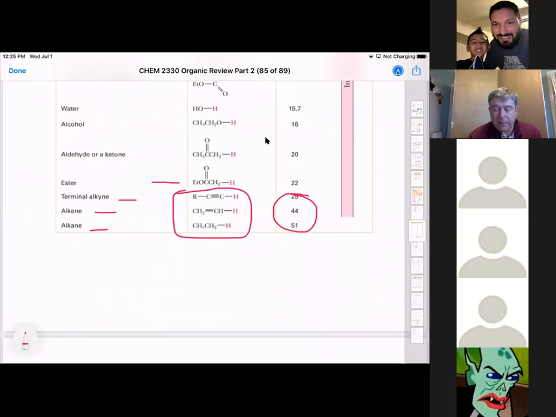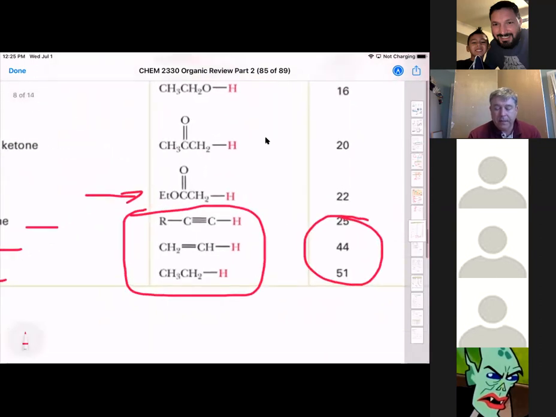The first time we have an alpha hydrogen that is activated by the carbonyl is in the case of an ester, okay? We have an electron donating group with the ester, and the hydrogen next to here can come off, okay? So it's just slightly more acidic than an alkynyl hydrogen because of that carbonyl, okay?